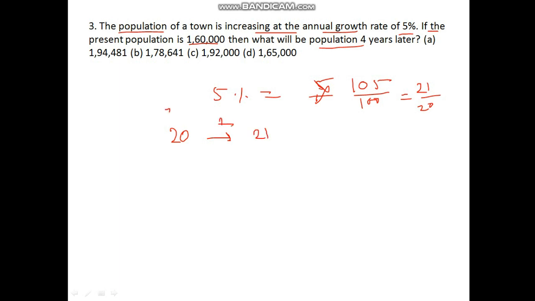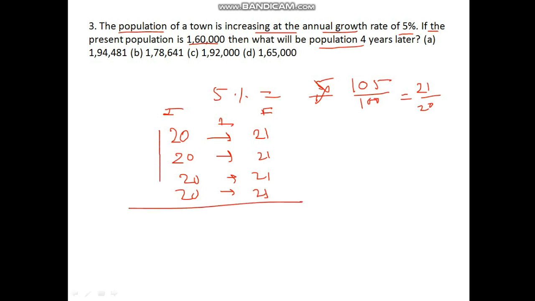Okay, so this is the initial, this is the final count. And it is increasing for 4 years, so we write 21 by 20 four times. If you multiply this for 4 years, we get the given amount.